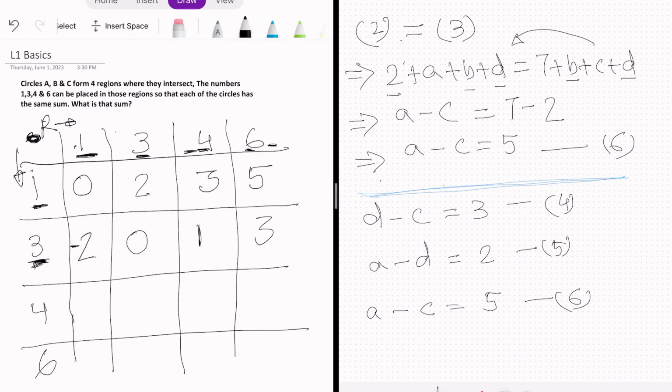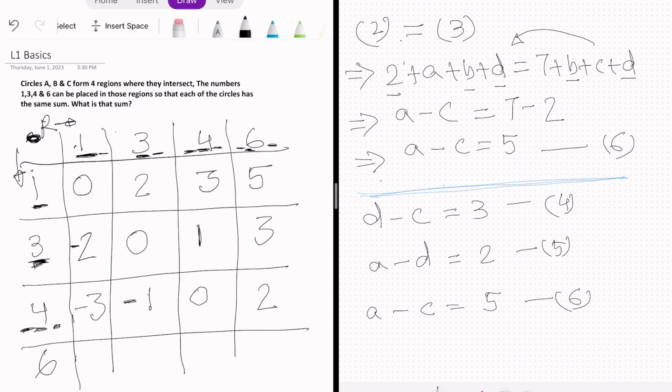Now I'll go to the next one. 1 minus 4 is a minus 3. 3 minus 4 is a minus 1. 4 minus 4 is a 0. And 6 minus 4 is a 2.